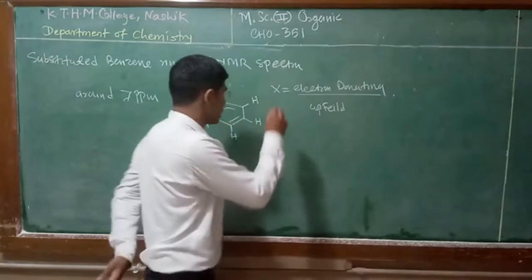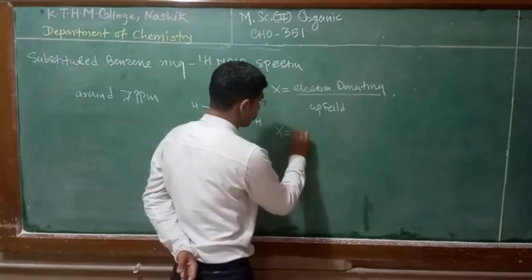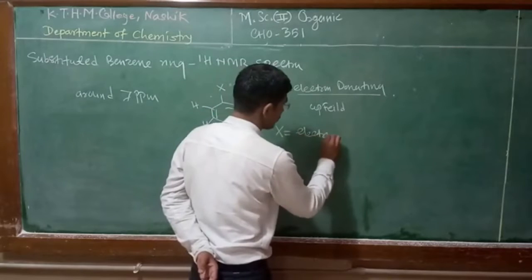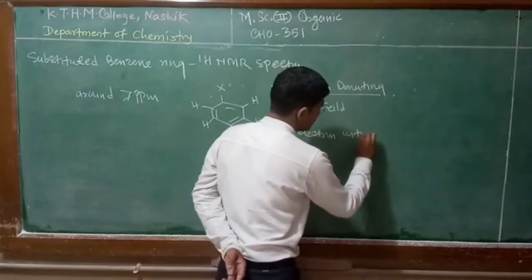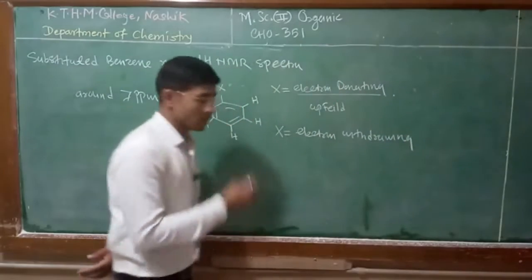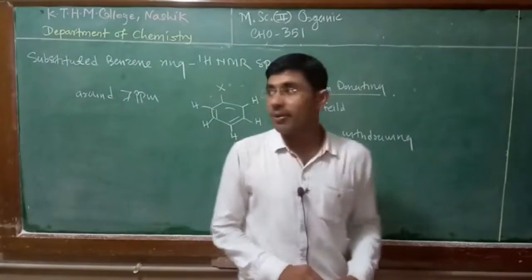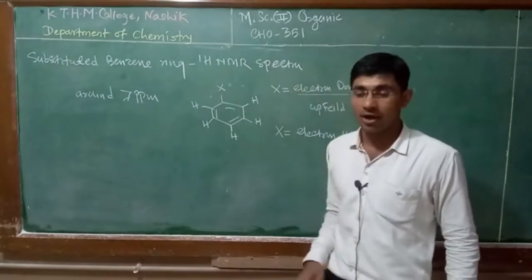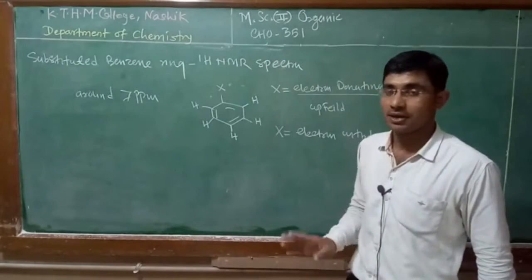Next, the case where X is electron withdrawing. In this case the aromatic protons appear at downfield, or low field.